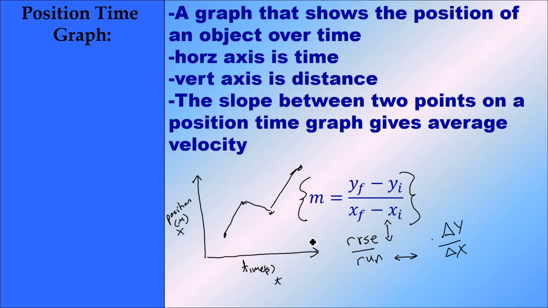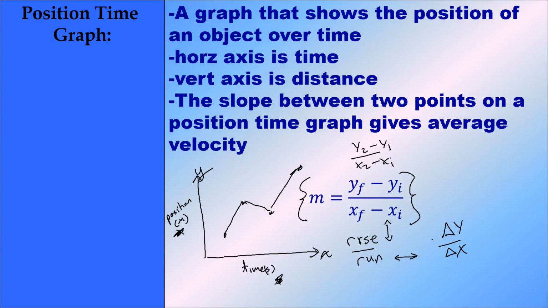So we'll just agree with the math teachers, since I am one, and call this our x-axis and our y-axis like normal, even though y is representing a position and x is representing a time. F means final, and i means initial. In math class, you might have seen y2 minus y1 over x2 minus x1. That means exactly the same thing.